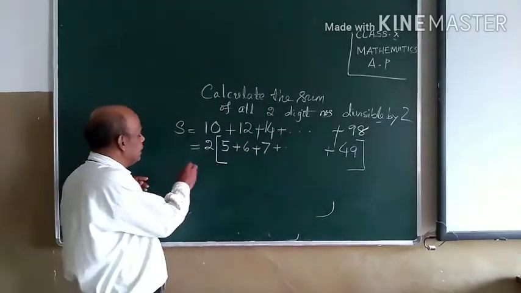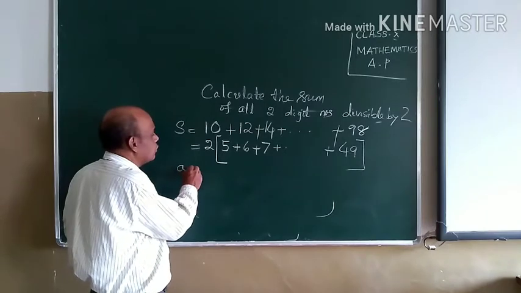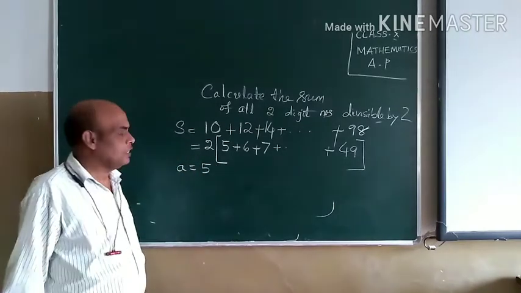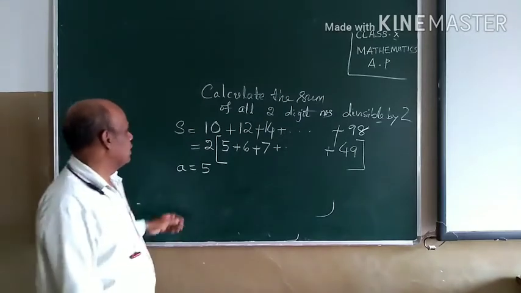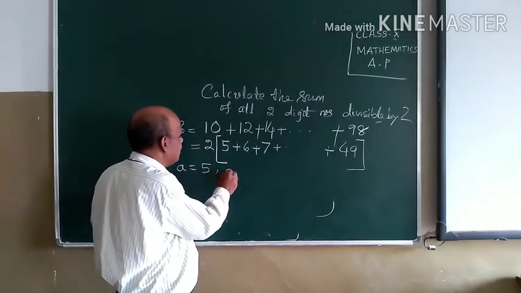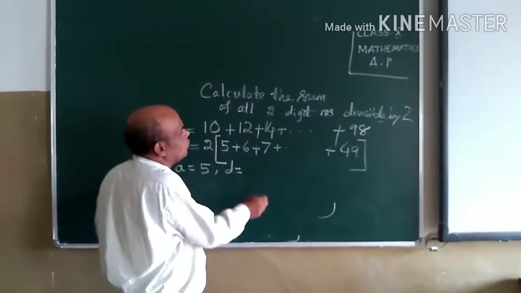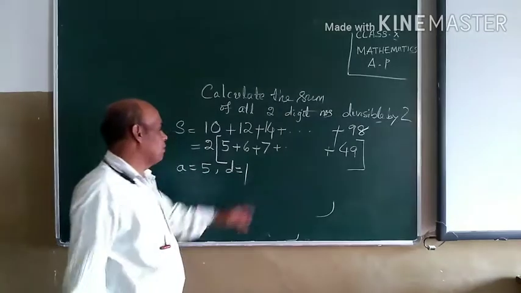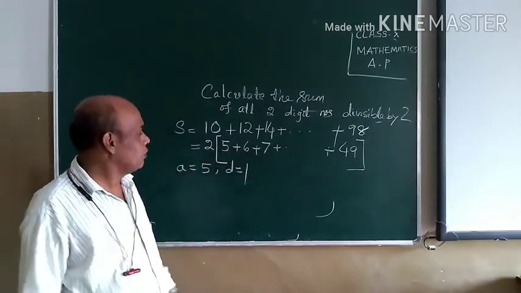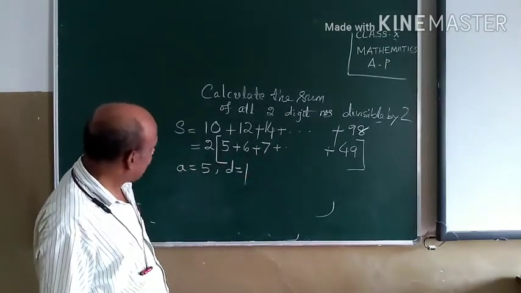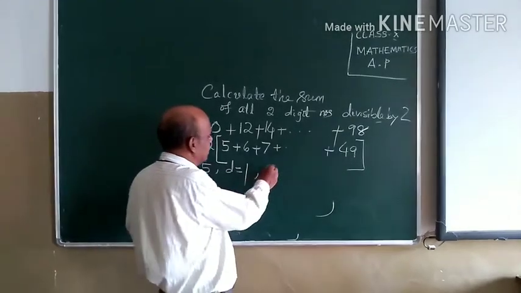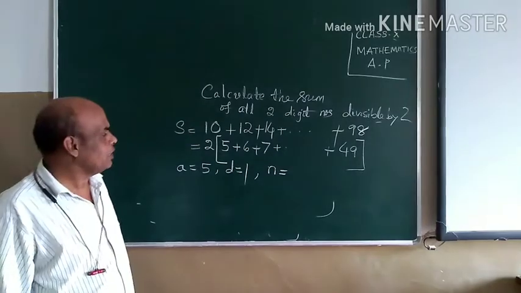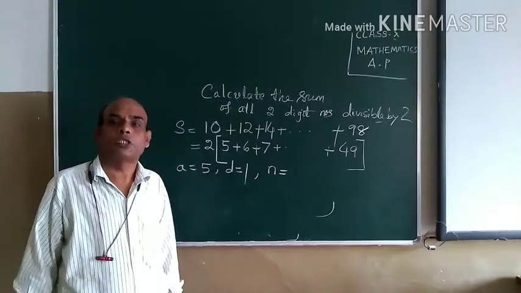So you write here a is equal to 5 and the common difference is equal to 1. What is n? n means the number of terms.